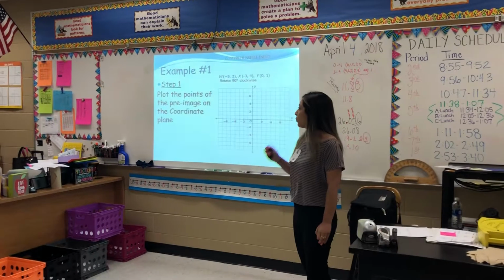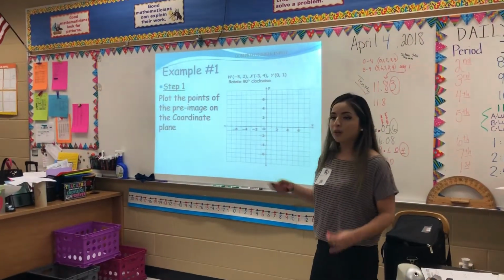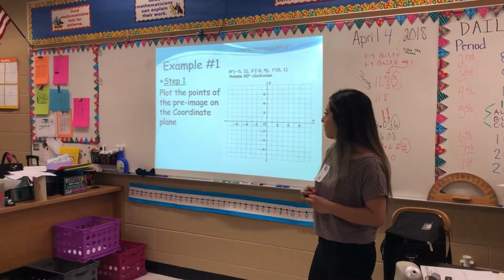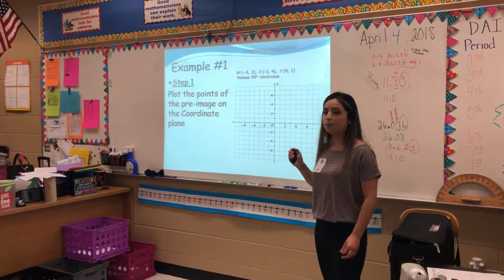Now that we have reviewed, we are going to do a problem. When graphing a rotation on a coordinate plane, the first step is to plot the points of the pre-image.